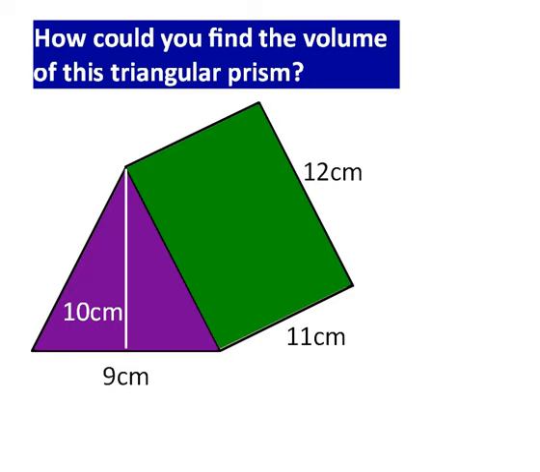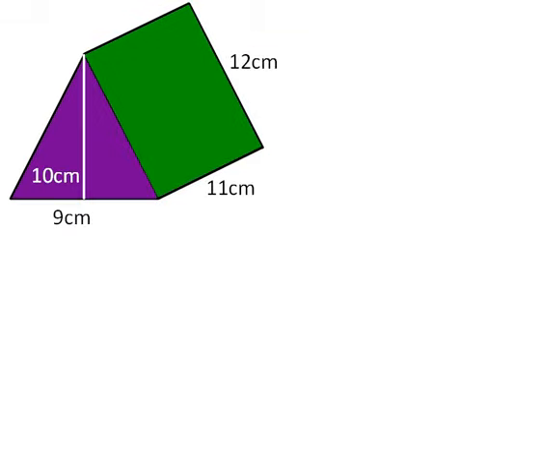Okay, how do you find the volume of this triangular prism? Well, it's just the same. We find the area of the face at the front, so this triangle, and multiply it by the depth of the shape. The triangle at the front has an area of 9 times 10 divided by 2, so that's 45 square centimeters, and then we multiply that by 11.